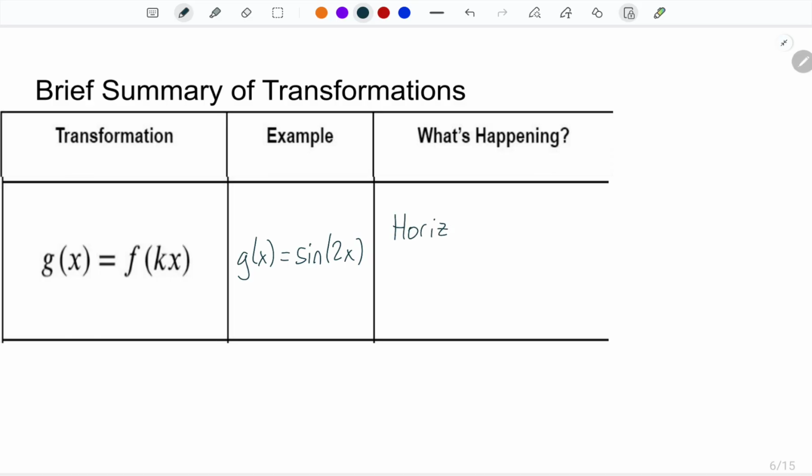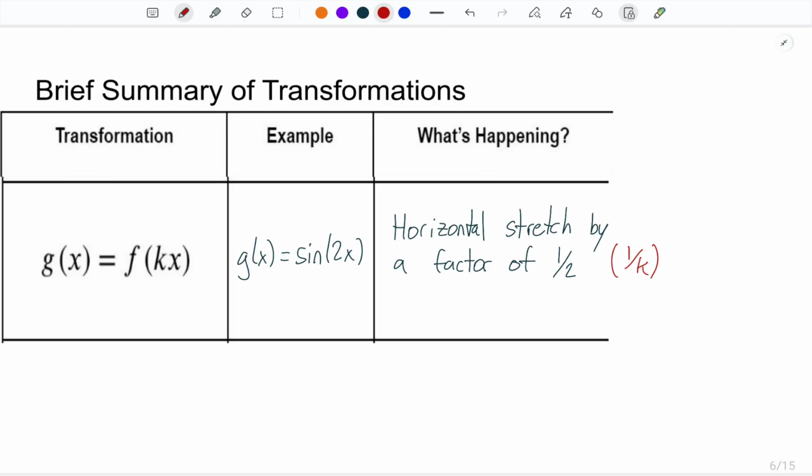And what we need to be careful of with our horizontal stretches is that it's stretching basically by the opposite of the number that you see. So you see the 2x, the 2 there, it's going to be stretched by a factor of 1 over that. Or in general, 1 over k. So just be careful of that with horizontal stretches.